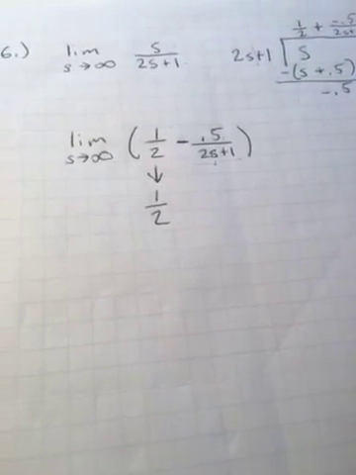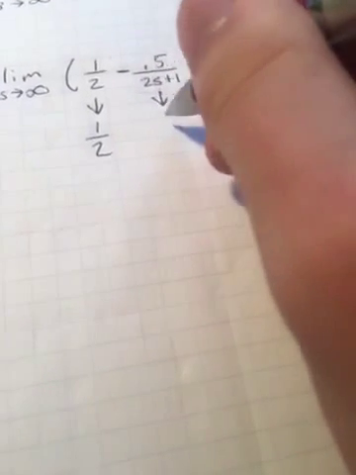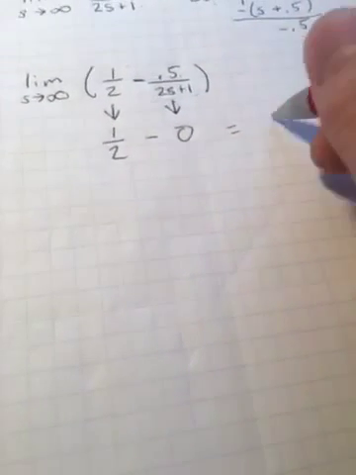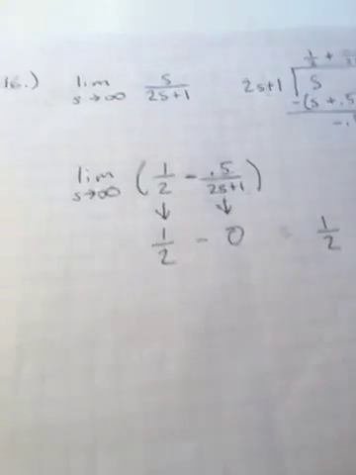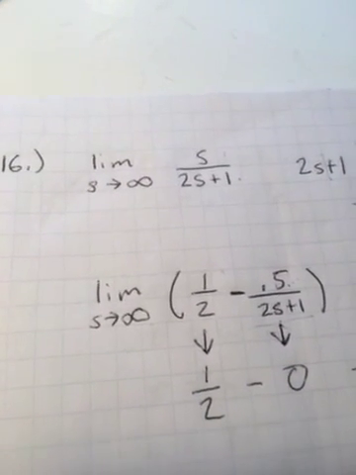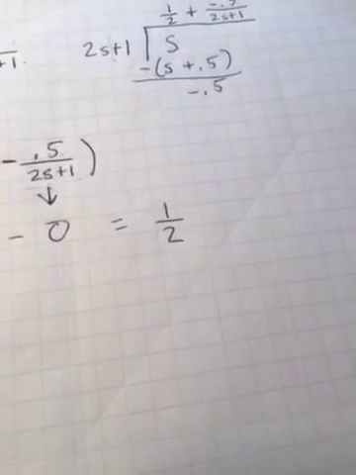So it is going to get infinitely close to 0, so we can define that as 0. So 1/2 minus 0 is just 1/2. So the limit as s approaches infinity of s over 2s plus 1 is 1/2.